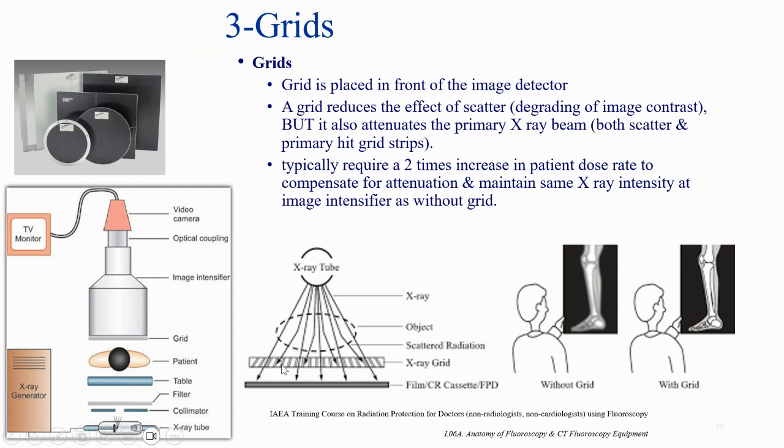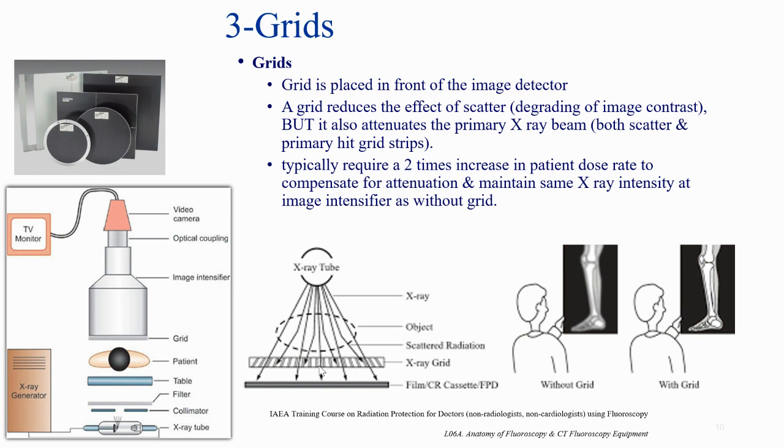These strips are able to attenuate the scattered and primary radiation as well. So not all primary radiation will be received by the image receptor. That means using a grid will reduce the number of photons received by our image receptor. At that time, the machine itself will increase the patient dose to get a sufficient number of photons for diagnostic image quality.